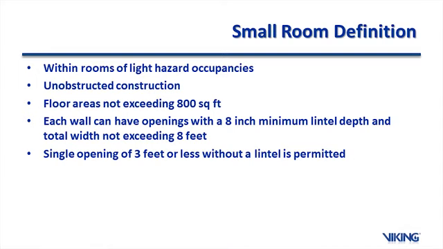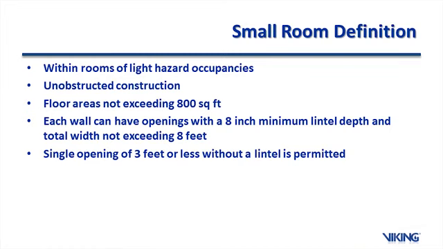Okay, so you can't use this for ordinary. Unobstructed construction. It's got to be a room like this. Floor areas not exceeding 800 square feet. Yeah, pretty sure that's this room. Each wall can have openings in them with an 8-inch minimum lintel depth. So you don't even need a door necessarily there, the total width. And a single opening can be 3 feet or less without a lintel, period.